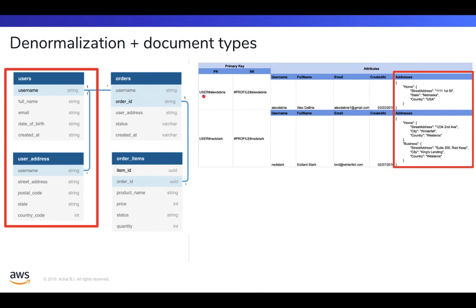The first prefix, user, says what kind of entity it is, and the suffix after the hash says what the actual username of the user is. And if you see the sort key, it has profile and the username.